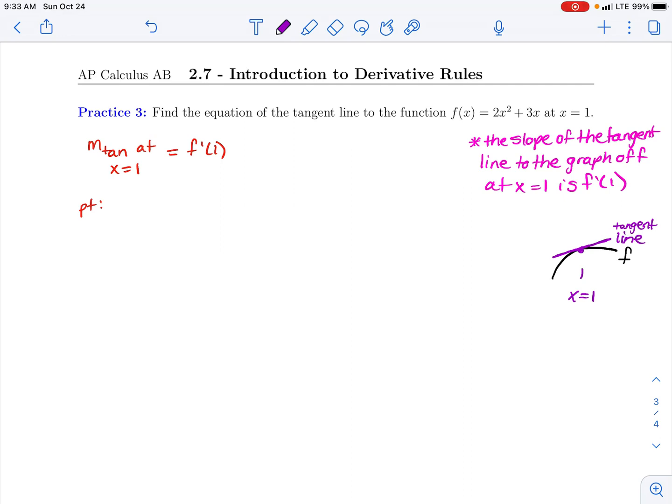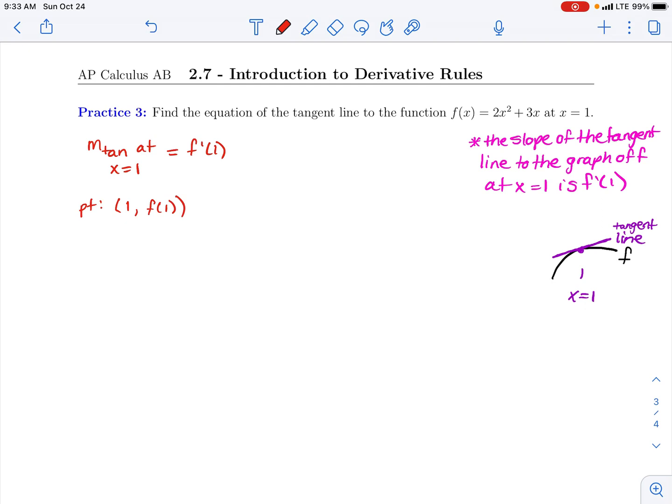Okay, so remember the tangent line only goes through one point on the graph of f, and in this case, since it said at x equals 1, I know the tangent line is going through that point at x equals 1. So in other words, I know that the point on my tangent line is 1 comma f of 1.